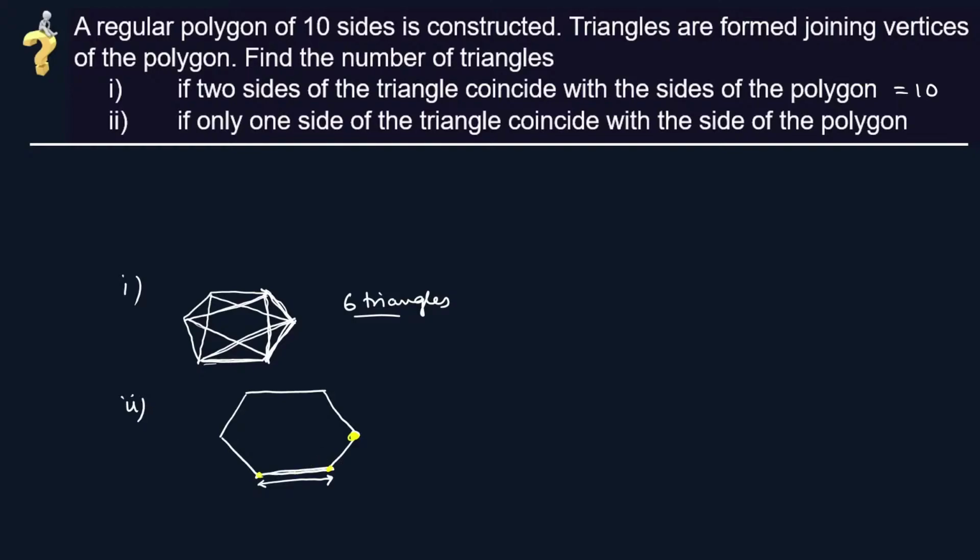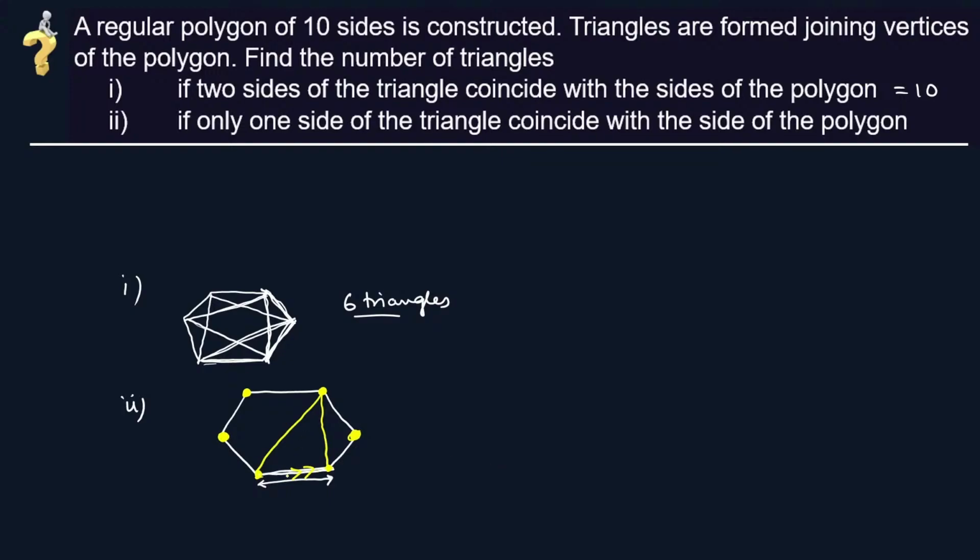So when you are choosing this side, you cannot choose this point or this point to form the triangle. So naturally we will join either this one or this one with these 2 points to get a triangle whose one side will coincide with a side of the polygon.